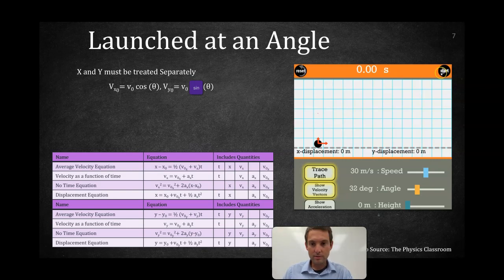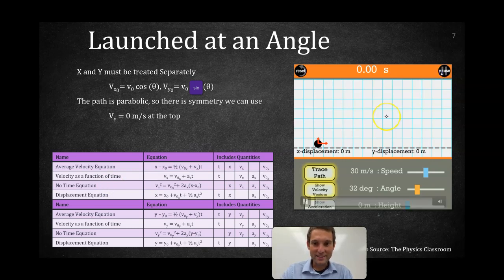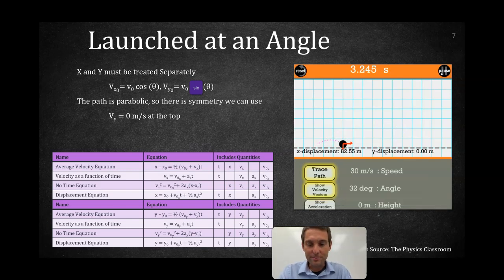That's a typo. The path is parabolic, so there is symmetry we can use. The velocity equals 0 meters per second at the top. There's our nice parabola. At the very top of those parabolas, the final velocity, however you're looking at it, will be 0 meters per second at the top.